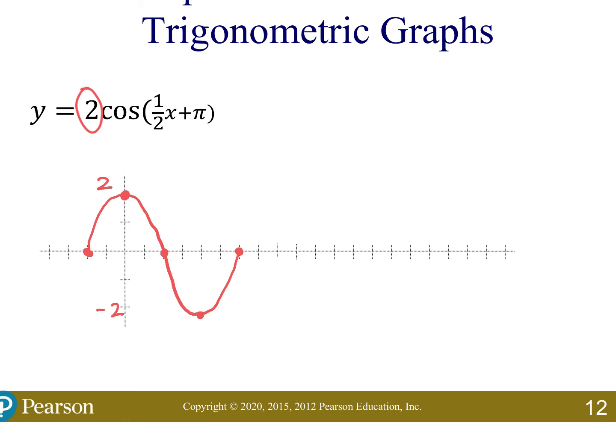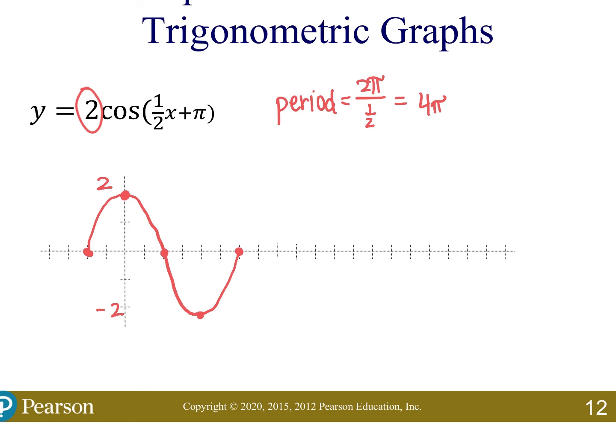My period. My period is 2 pi, which is the circumference, divided by the fraction half. What does that work out to be? It works out to be 4 pi. The 2 and the half don't reduce each other.